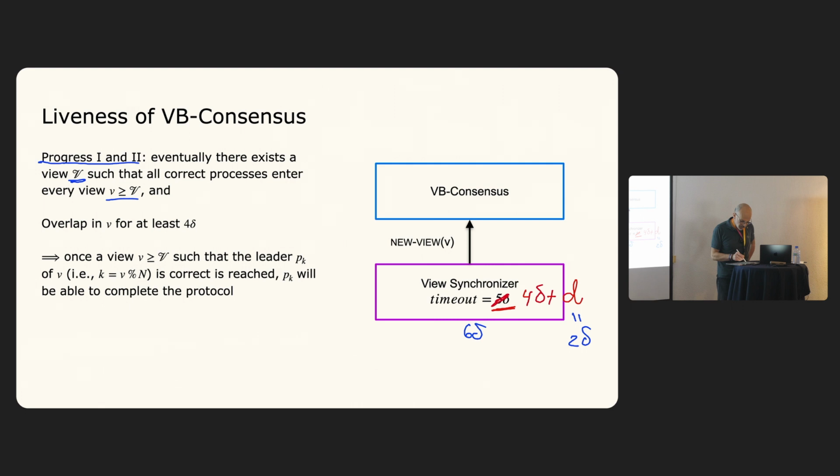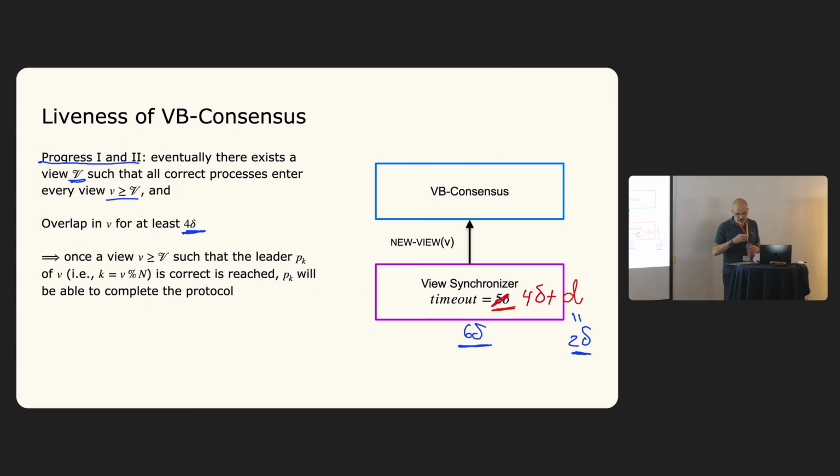And then they need to overlap by at least 4 delta. So we know that this is 4 delta plus D, and assuming the synchronizer that we discussed before, it gives us 6 delta. Okay, so in this view, the leader is correct and going to be able to reach consensus.